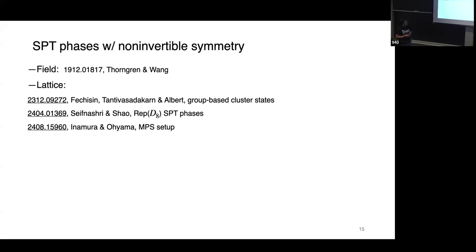In the second case, Seifnashri and Shao study the case of SPTs with Rep(D8) symmetries. They classify them: there are three distinct Rep(D8) SPTs, and they construct corresponding lattice models. And in the third paper, Kansei studies SPTs with non-invertible symmetry in the matrix product state setup. And later, there are many more papers I didn't cite.